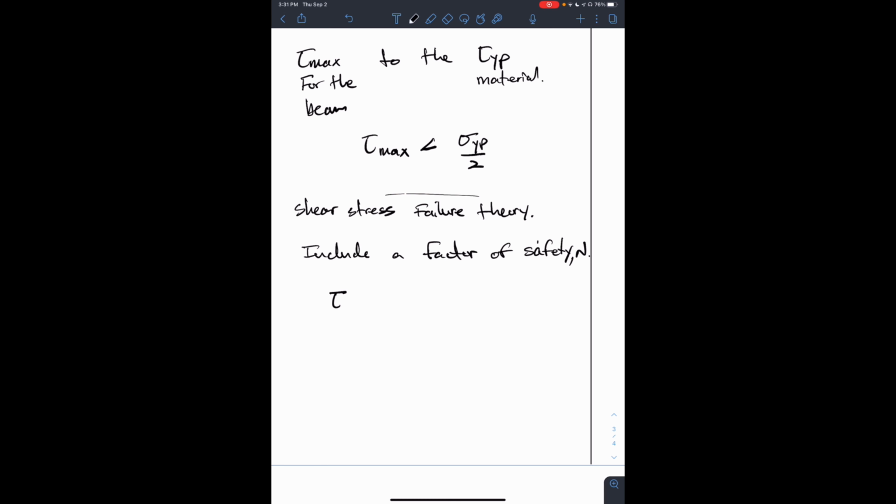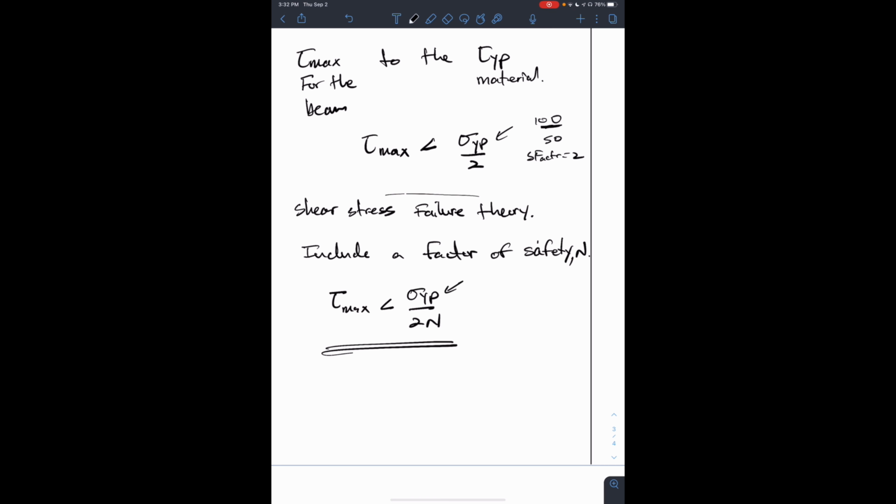If the yield point is say 100, we say, let us not push it to 100, let us push it to 50. So the safety factor is equal to 2. So we say tau max should be less than sigma yp on 2n. So this is our failure theory.